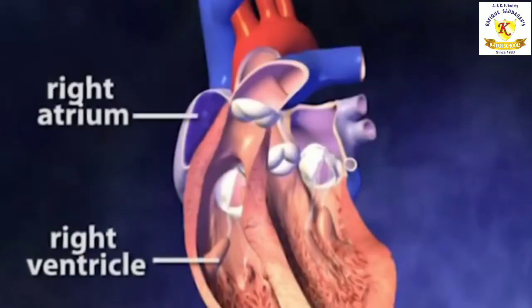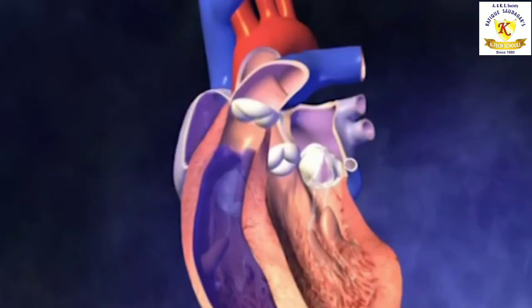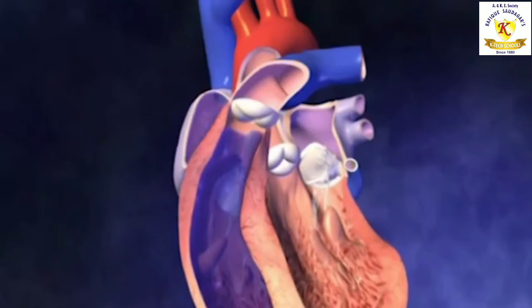Now there is a valve present between the right atrium and right ventricle, the tricuspid valve. The blood entering from the right atrium gets filled in the right ventricle. There is also a valve present between the right ventricle and pulmonary artery.